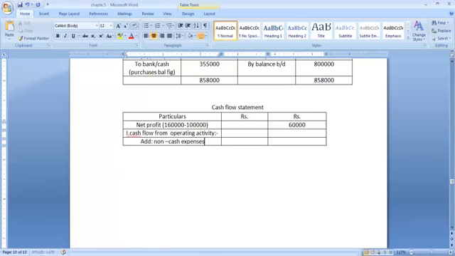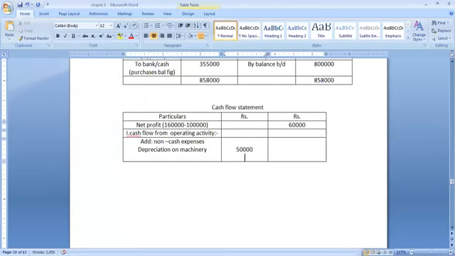You will take non-cash expenses. Okay. So which are the non-cash expenses? There is a depreciation on machinery. So what is the value of depreciation on machinery you got? It is 50,000.